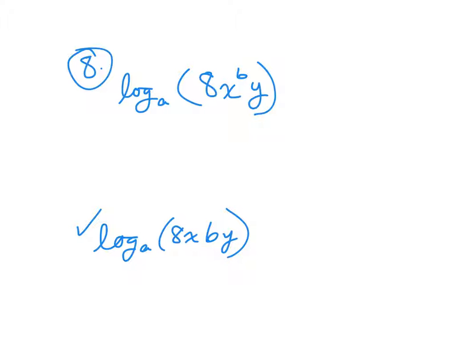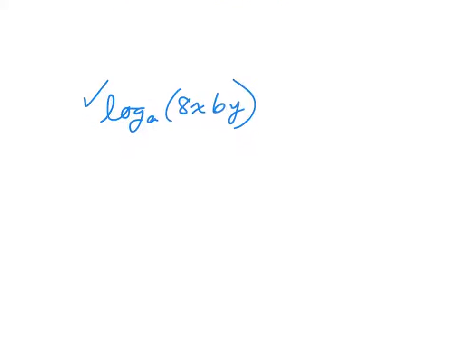Okay, let me show you why. Do you remember as we split these up, if I come from the numerator, I get a positive logarithm. But if I come from the denominator, I get a negative logarithm. So all of these factors over here are going to get a positive logarithm. Now, the problem is some of you saw 8x as one thing. But really 8x is two different factors.